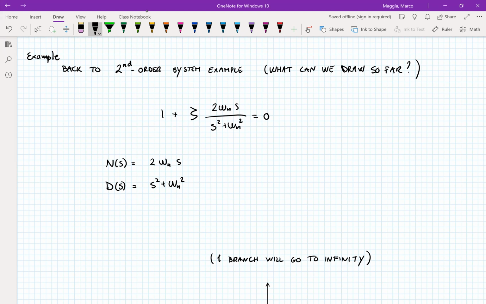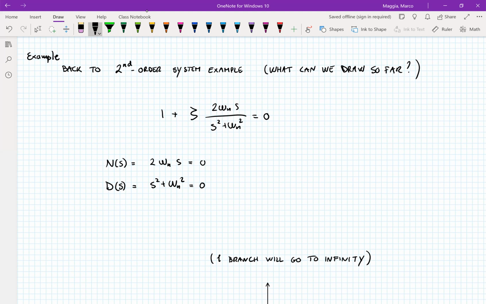Well, now it's time to factorize these two polynomials, that is, to calculate the open loop zeros and open loop poles. So we simply have to equate both these polynomials to 0.